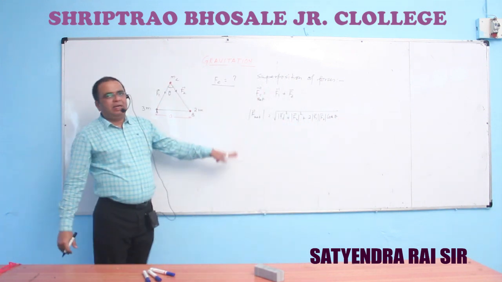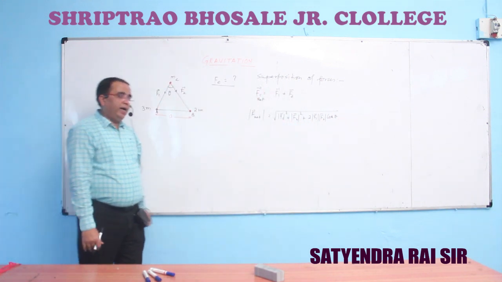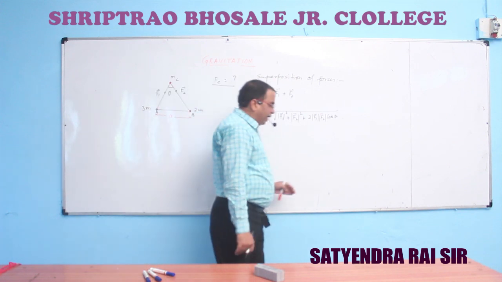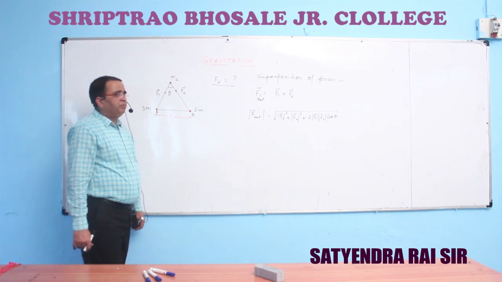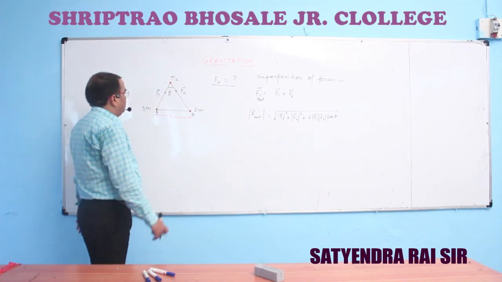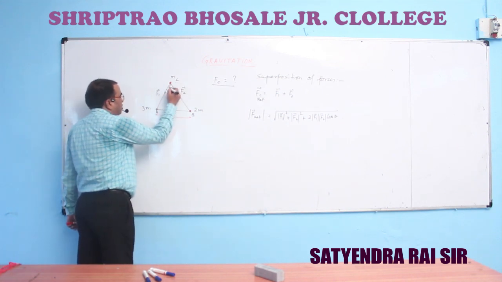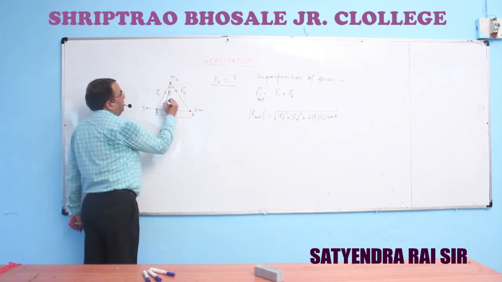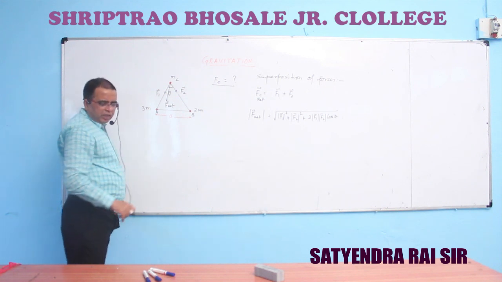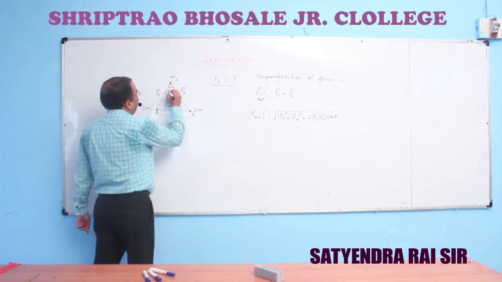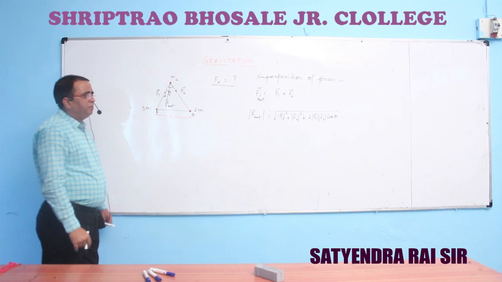This is the magnitude of the resultant. And if I ask for the angle the resultant is making with one of the vectors, say this is the direction of your resultant, for example, this is the direction of F net, and this F net makes an angle, say alpha, with F1.